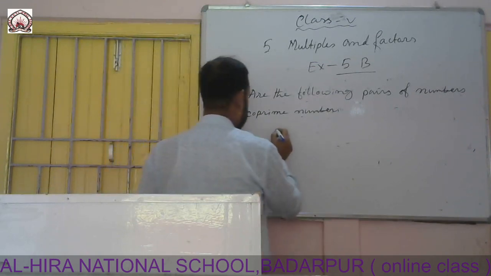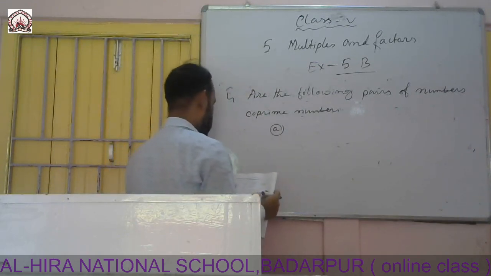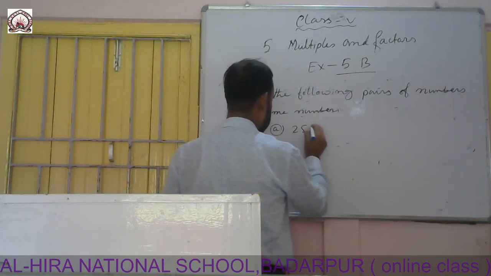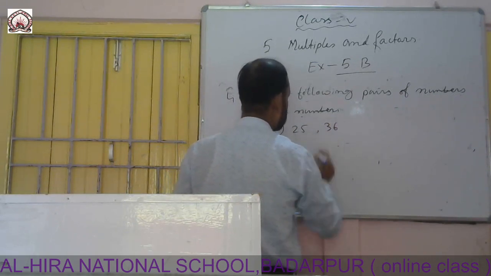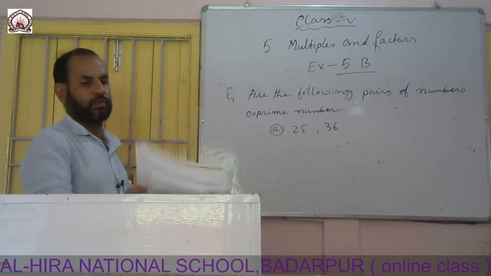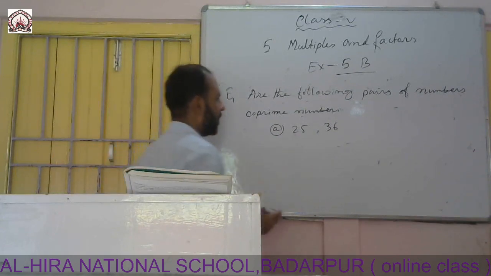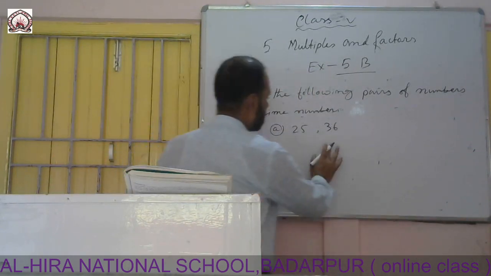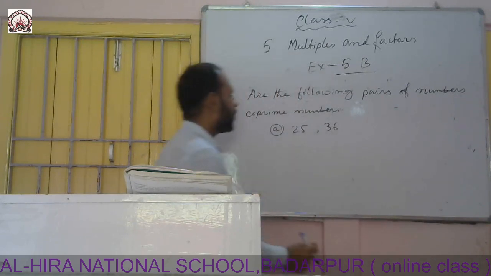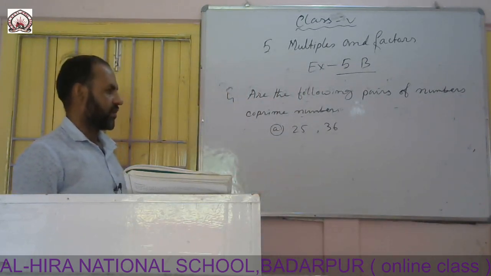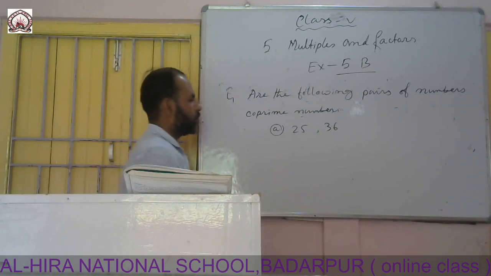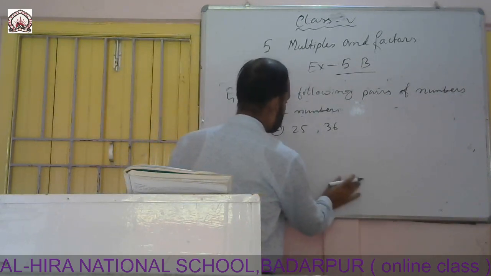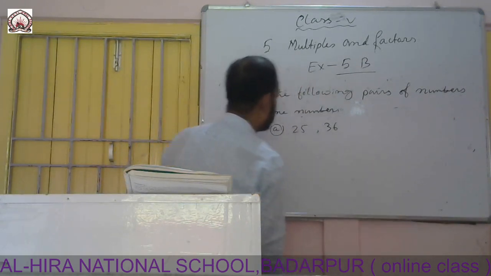Part A: 25 and 36. We know that for co-prime number pairs, if the only common factor is 1, then we can consider the pair of numbers co-prime.